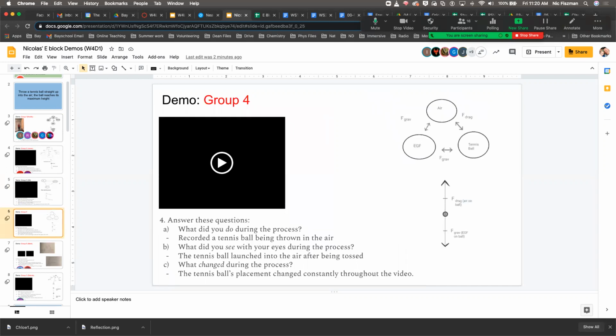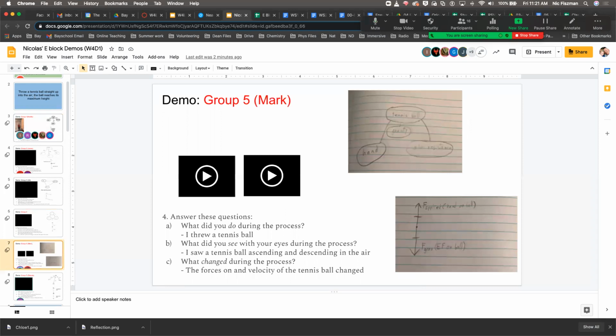Air, gravitational field, tennis ball, two forces, the drag and the gravitational force, and they're congruent. Tennis ball, gravity, hand, air resistance, right? So you see there are a variety of things. Why do you think there's such a variety? What are some factors?